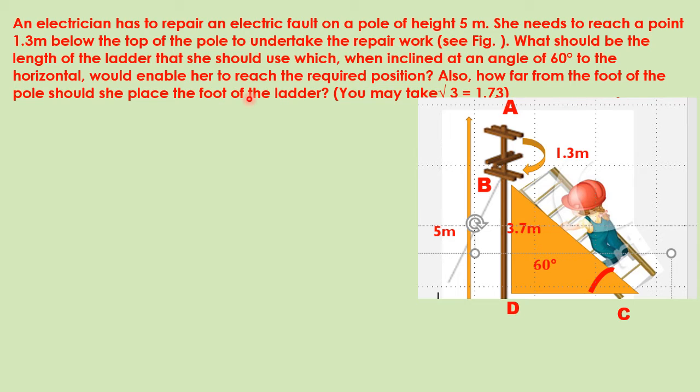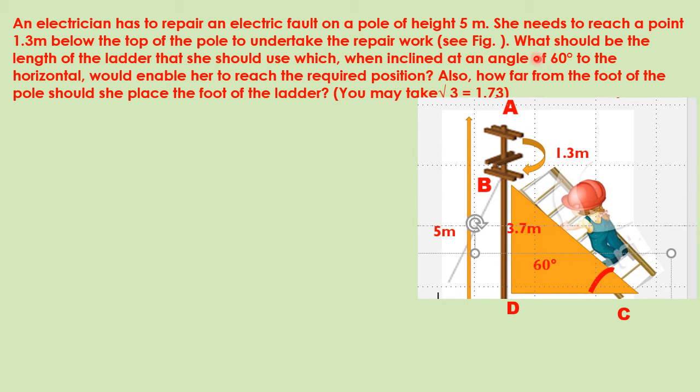Now what will be the length of the ladder that she has used, which is inclined at an angle of 60 degrees? Be very careful. As you know this is a right angle triangle, so D is 90 degrees, but the ladder is inclined at 60 degrees to the horizontal.